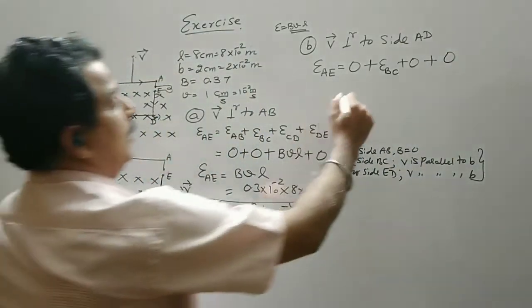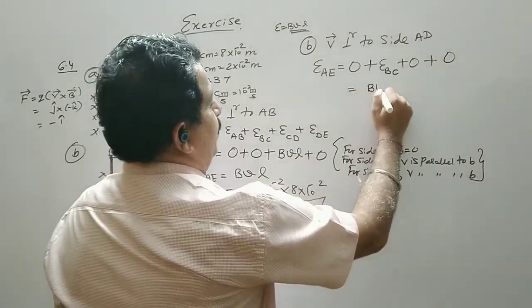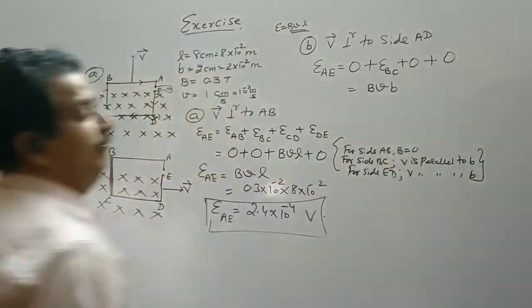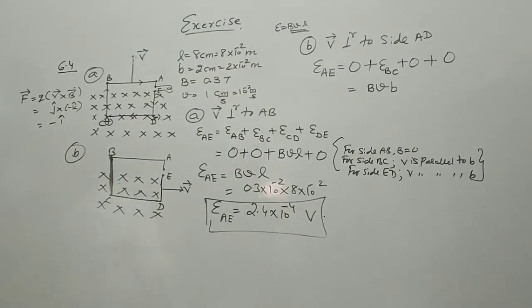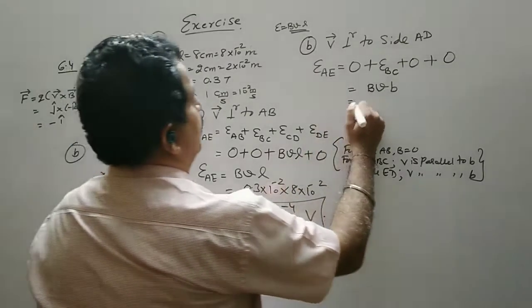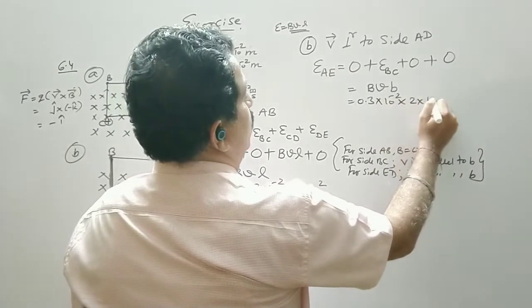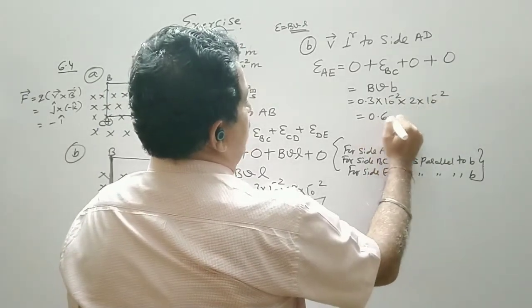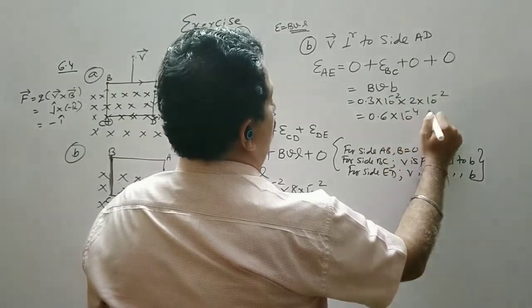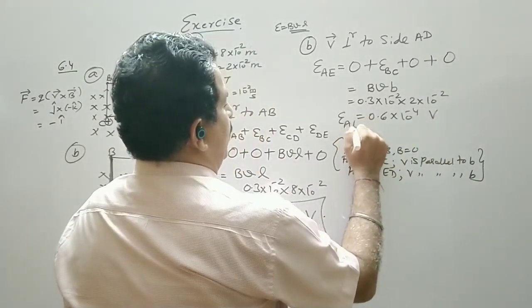So for BC, the magnitude comes out to be BVL. Here it should be BV into the breadth of the rectangular loop, and we substitute its value. So that is equal to 0.3 into 10 raised to minus 2 into 2 into 10 raised to minus 2. That is 0.6 into 10 raised to minus 4 volt EMF between this.